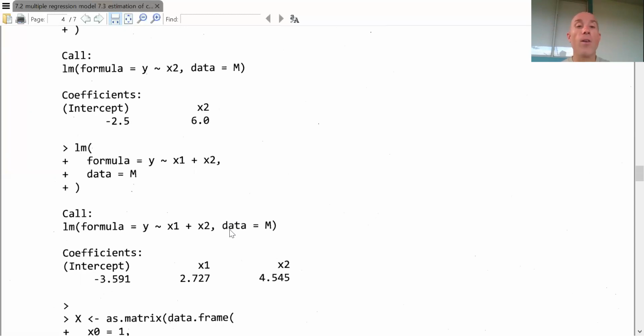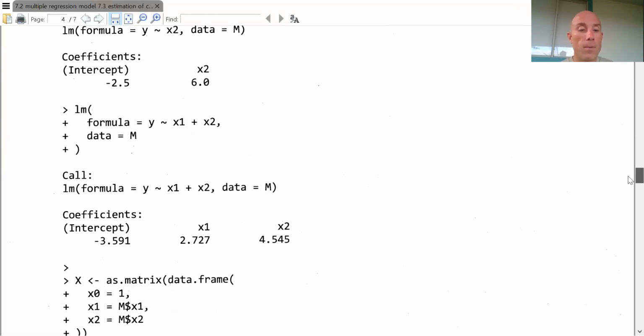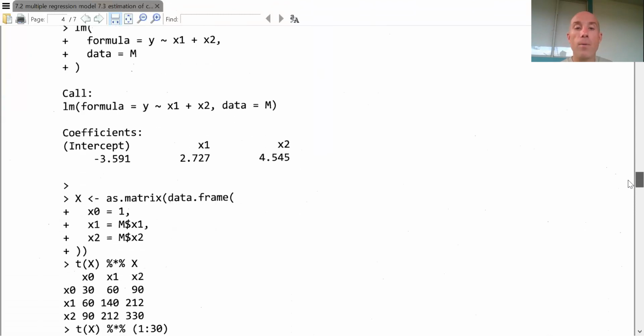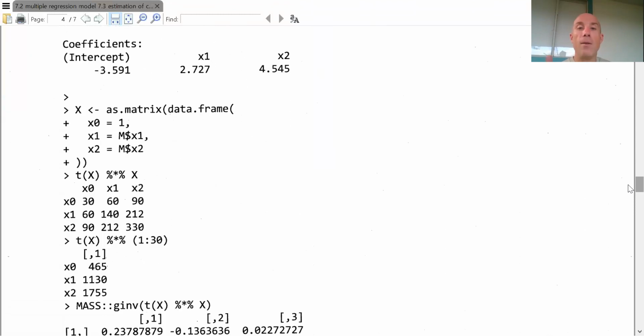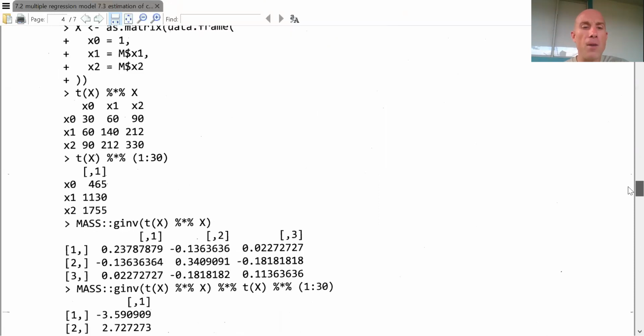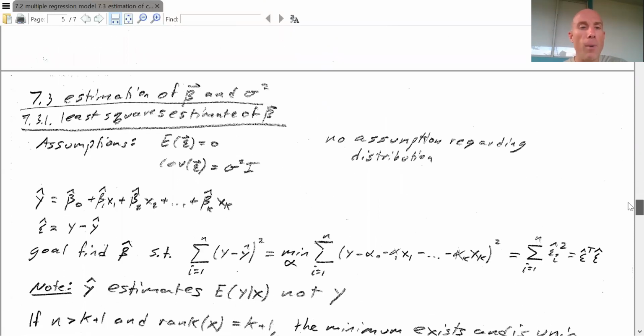Because x1 and x2 have positive correlation with each other. Something I can also do, and I'm going to come back to this, is the next part of the code, which shows us how to compute these values using matrix operations. But we're going to skip it. I hope this makes you excited for what comes up in a moment.